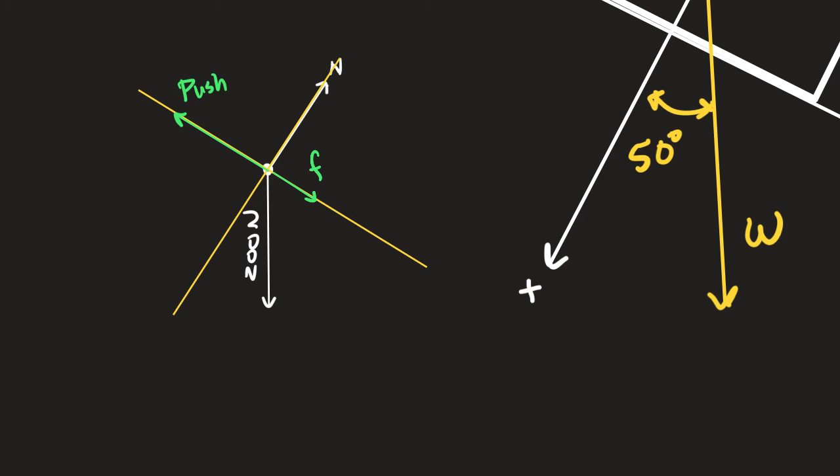Well, let's handle the weight. Although it's 200 newtons, this is my 50 degrees right here. Had some questions about where to put the 50. It goes between the perpendicular axis and the weight. You may want to emphasize that in your notes. I know there's a lot to keep track of.